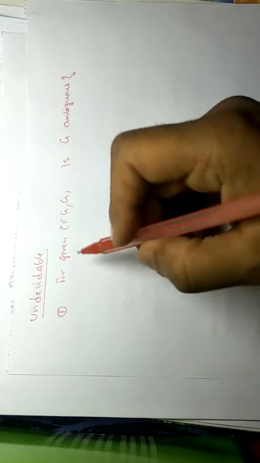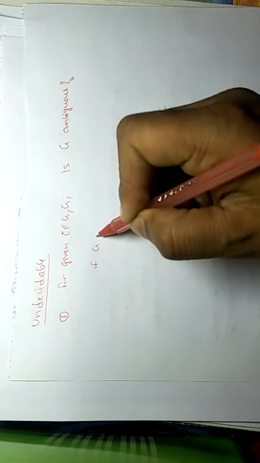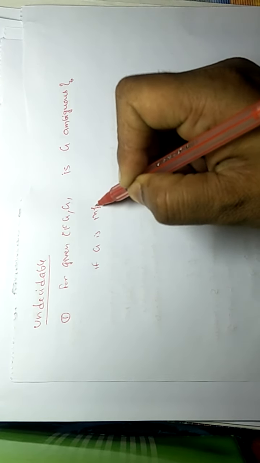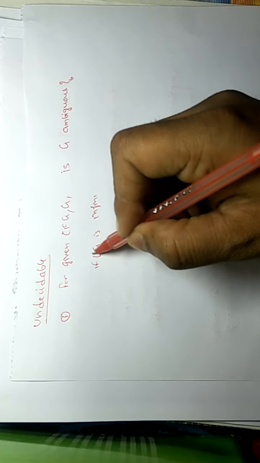But can you say no, the grammar is not ambiguous? You cannot say so surely, because one string is sufficient to say the grammar is ambiguous, but to say unambiguous you have to check all strings, if L of G is infinite.